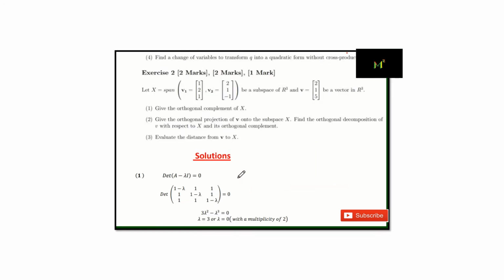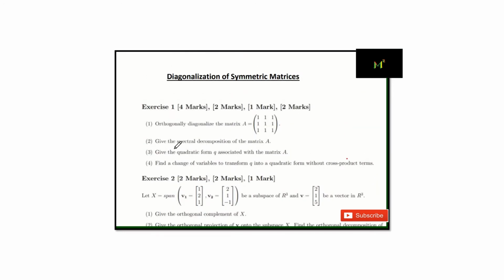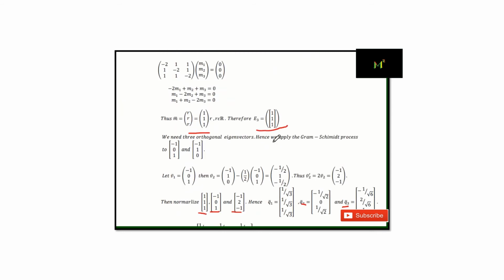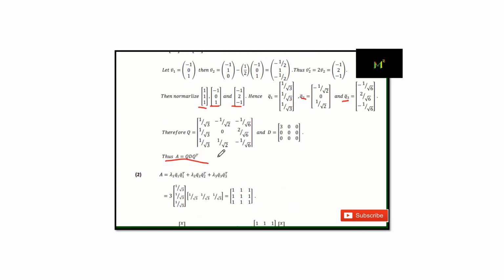Now the second question was to give the spectral decomposition of matrix A. This is the formula to give the spectral decomposition of a matrix. In general, you can add this up to n eigenvalues.